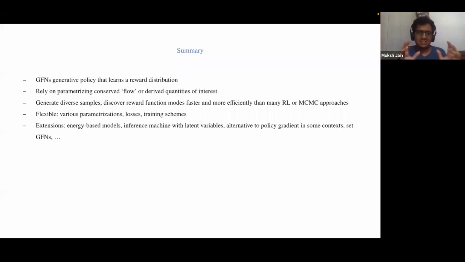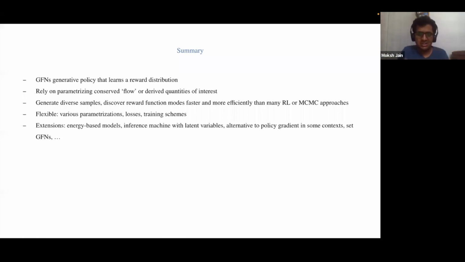Diffusion can be seen as a particular case of GFlowNets in continuous space with particular choices of forward and backward noising processes.